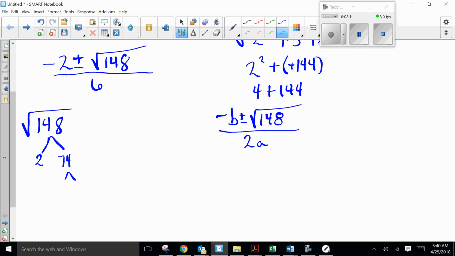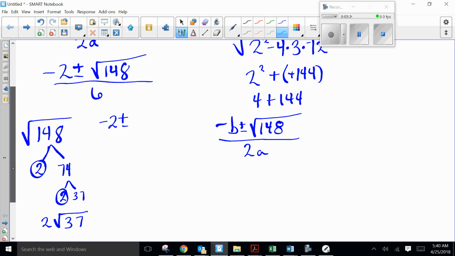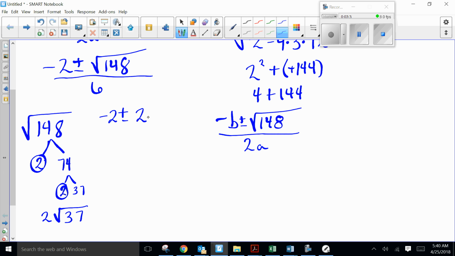So 2 times 37. So now I have a pair of 2s, so I'll take out a 2, square root of 37. So rewriting, I have negative 2 plus or minus 2 square root of 37 all over 6.